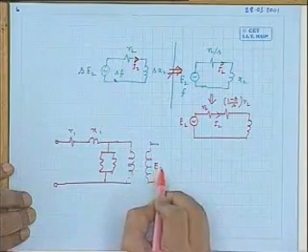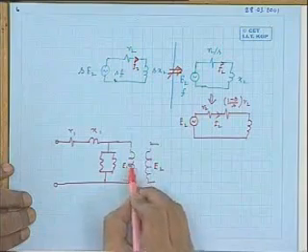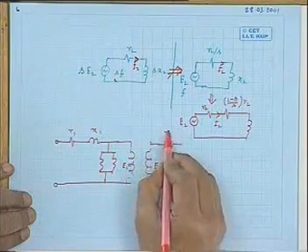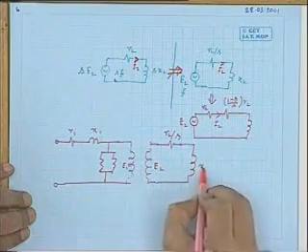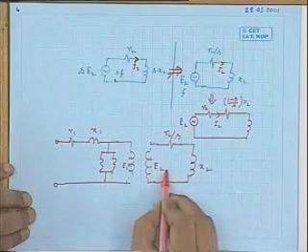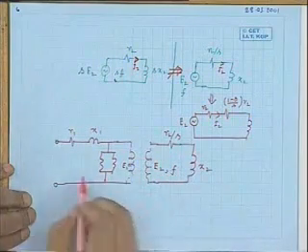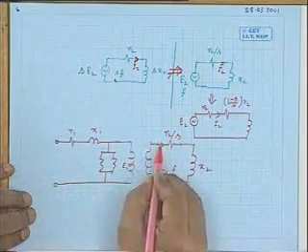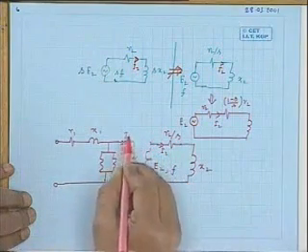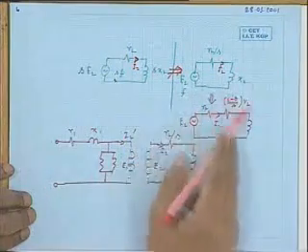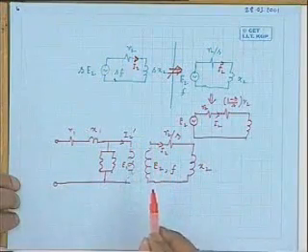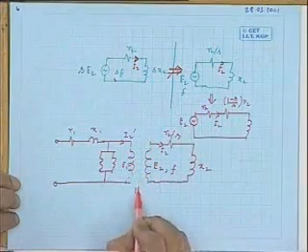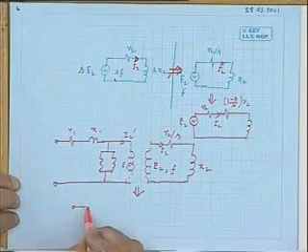And on the rotor side, you write here E2, here E1, and here R2 by S, and here X2, as if the frequency is F. This I2 will be there. Here will be some reflected current I2 dashed, following the same rule because MMF is to be balanced. And then I can join these two without any problem.